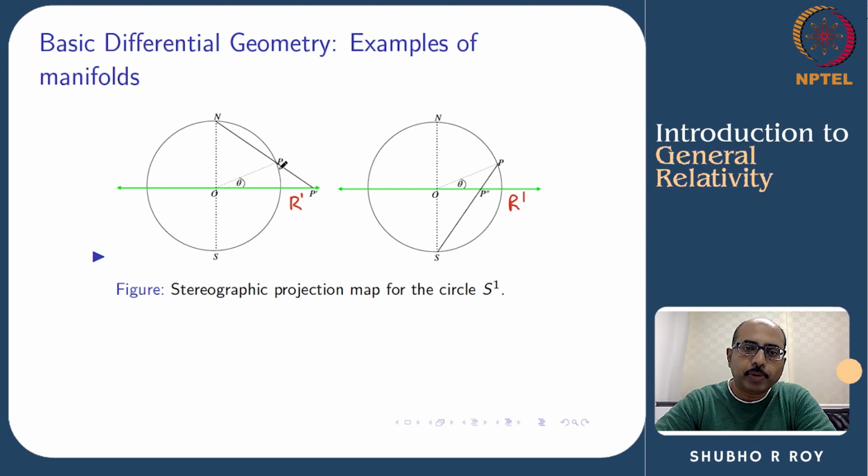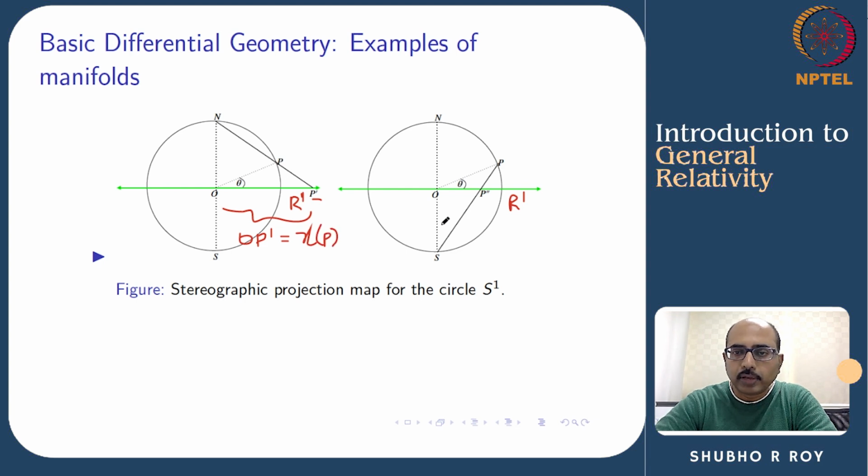Take a point P, arbitrary point P on the circle, and then join P to the North Pole by a chord, and extend that chord all the way to the real line and see where it lands on the real line. For example, if NP, this chord, if you extend it, it lands on this point P prime on the real line, okay? And then this length or line segment or the intercept OP prime gives you the coordinate of the point P, x of P.